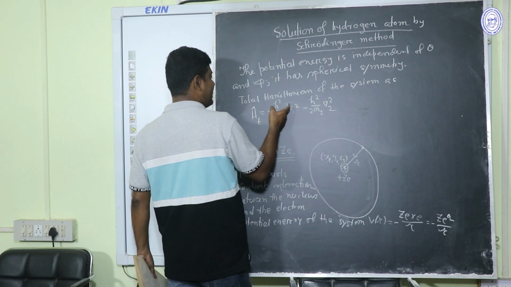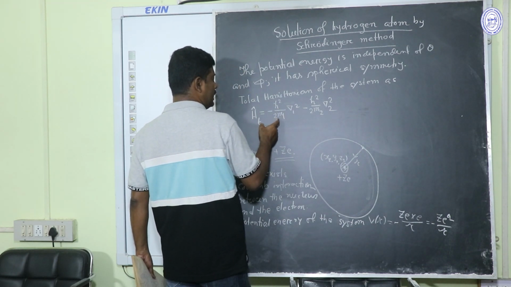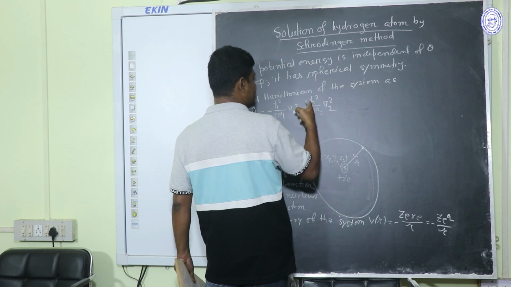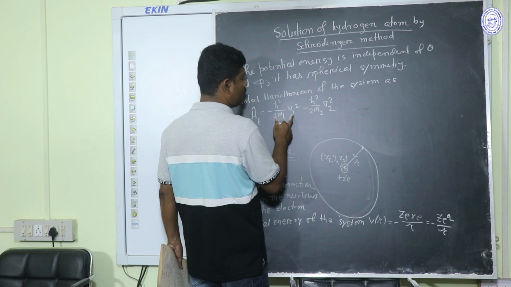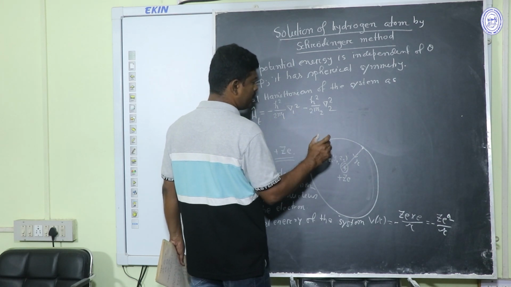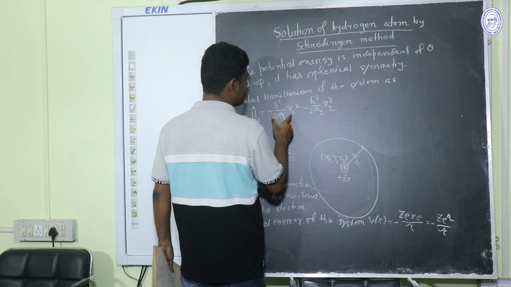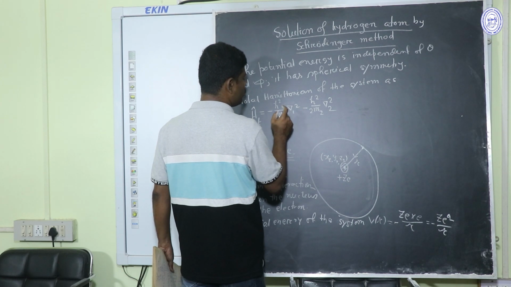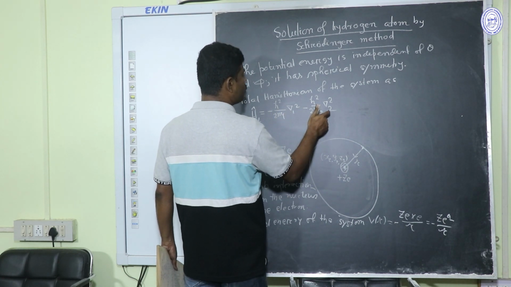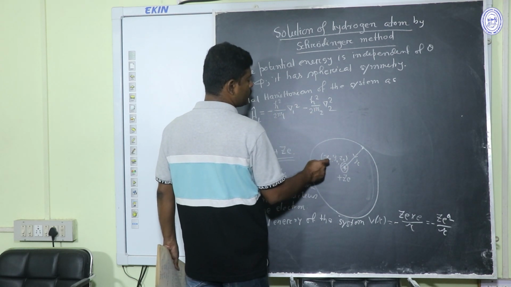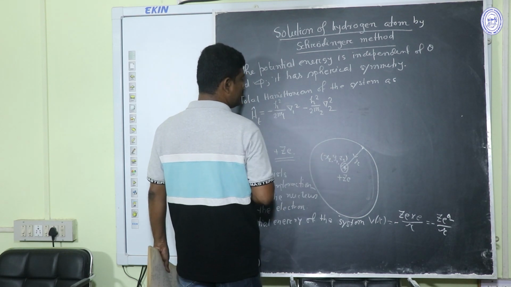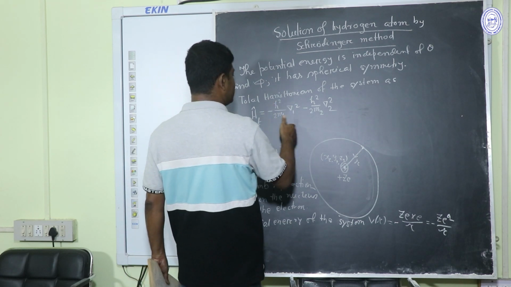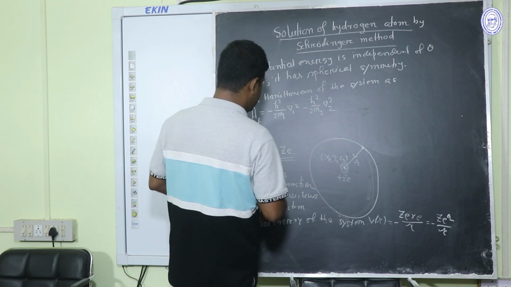This is the kinetic energy part of the electron and this is the kinetic energy part of the nucleus. One is for the electron because the coordinates of the electron have been designated by x1, y1 and z1, and 2 for the nucleus because the coordinates of the nucleus have been denoted by x2, y2 and z2.